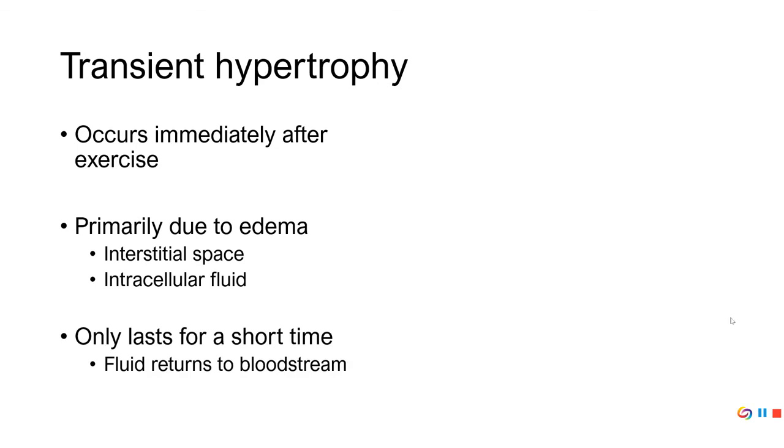We refer to it as transient because this only lasts for a short period of time. The fluid leaves these cells and interstitial fluid and returns back to the bloodstream, and so your muscles go from being a little bit bigger to not as big.